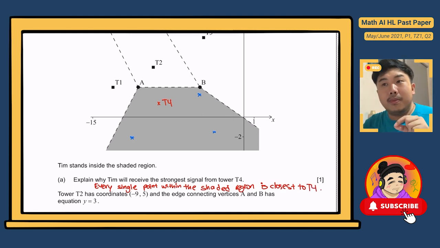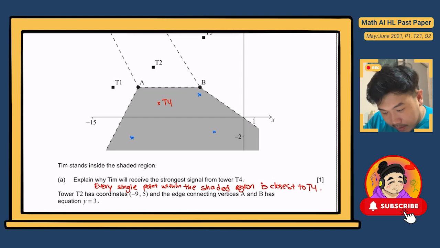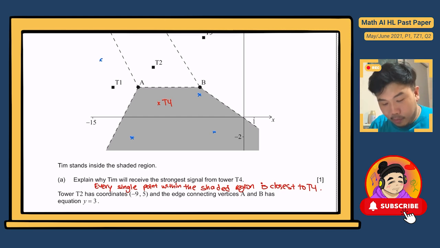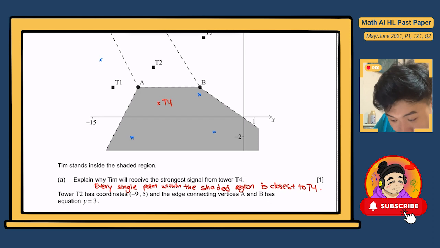It is only when Tim stands away from it. For example, if Tim stands in the area within where T1 is located, then Tim will be closest to T1 because that's just how Voronoi diagrams work.